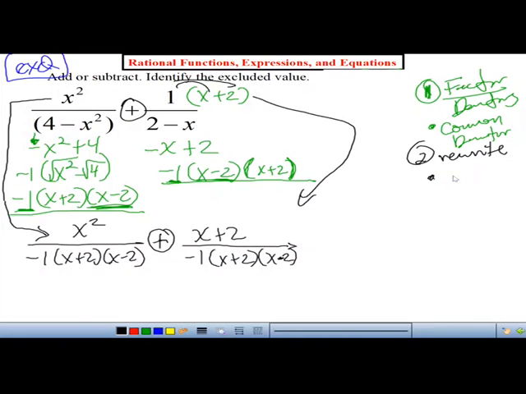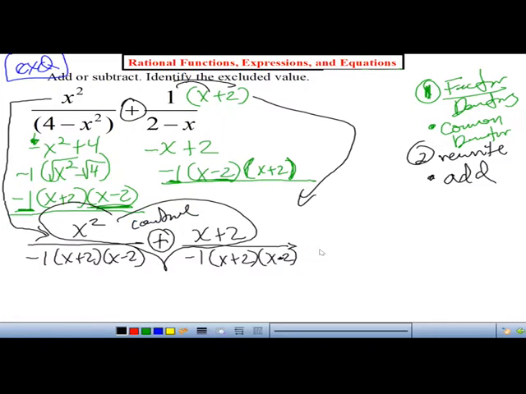Now we need to do what? Add. What do I do to add? Bianca. You add both numerators? Yes, combine the numerators. Thank you, Bianca. Add or combine.